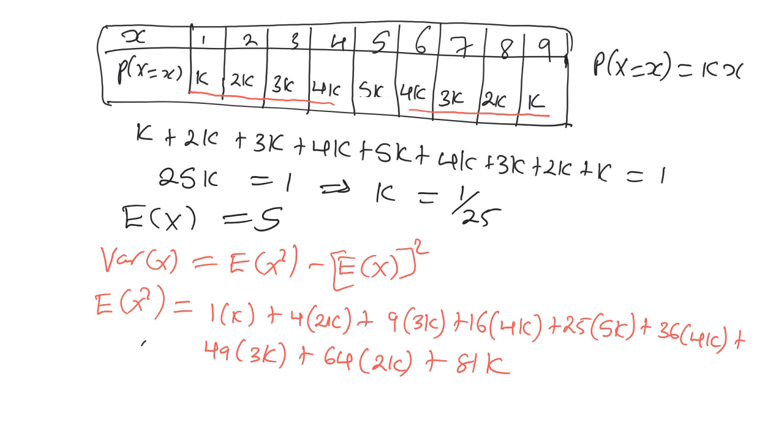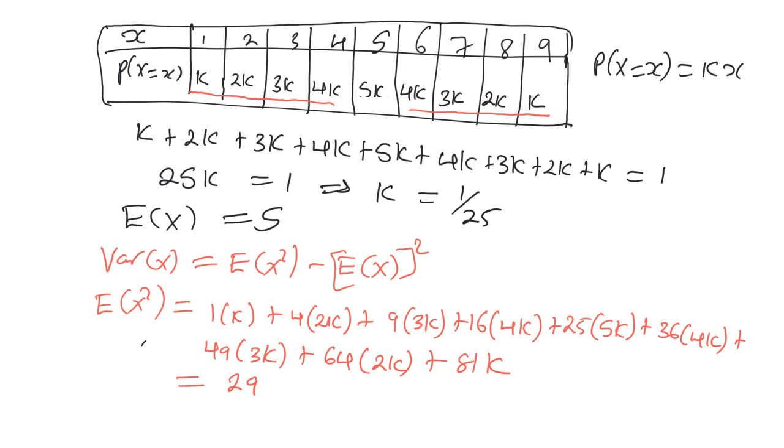That's the expectation of x squared. So what do we get substituting k equals 1 out of 25? The expectation of x squared is 29.